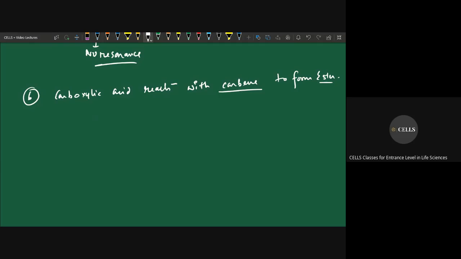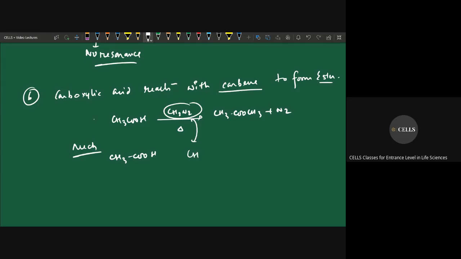Suppose this is the reaction, CH3COOH, with CH2N2, in presence of heat, it will give you CH3COOCH3 plus N2. What will be the mechanism? Very easy. Suppose we have this CH3COOH, right? Now from this, the carbene will be released. CH2, dot dot. This is the carbene.